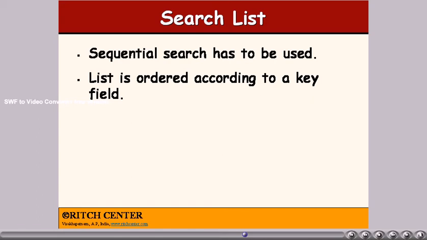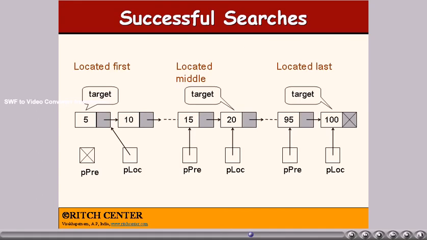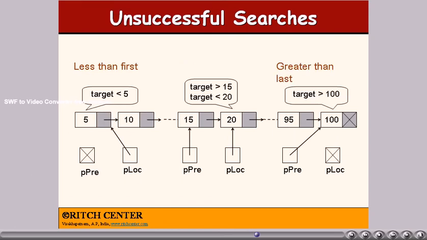Accordingly, we find the node we are interested in. The required node can be the first node itself, in the middle, or at the last. Sometimes the required node may not be there at all in the linked list.